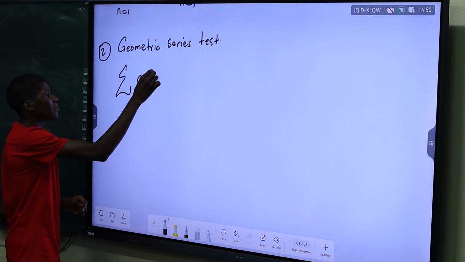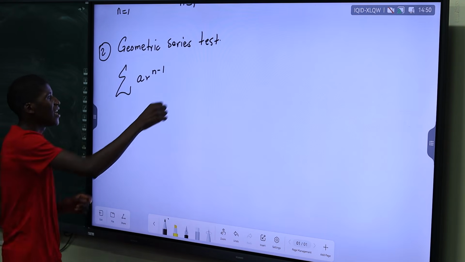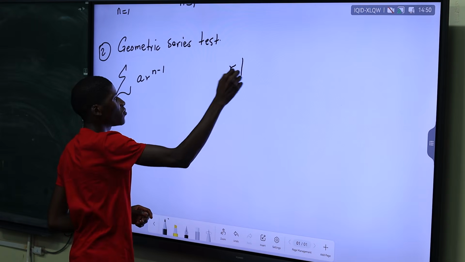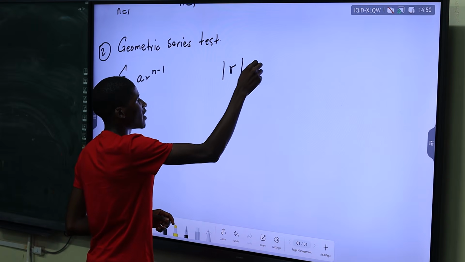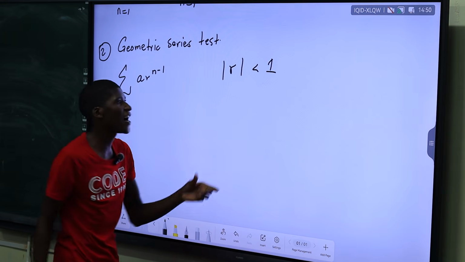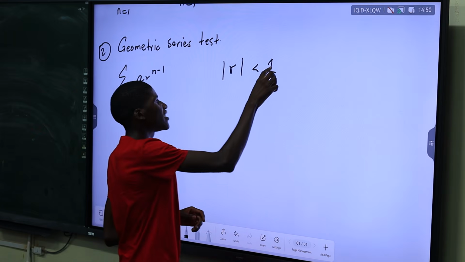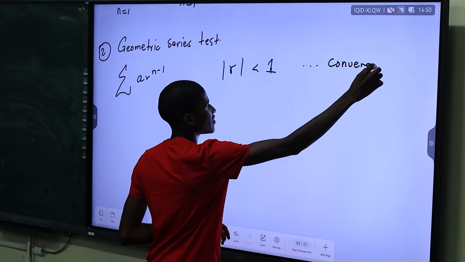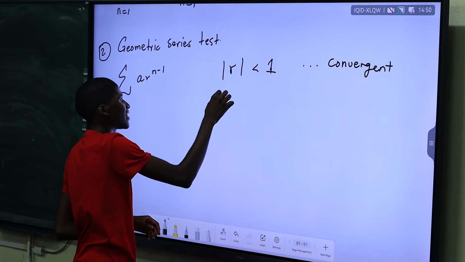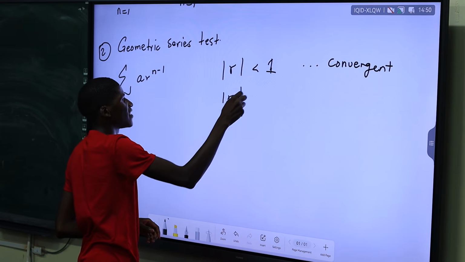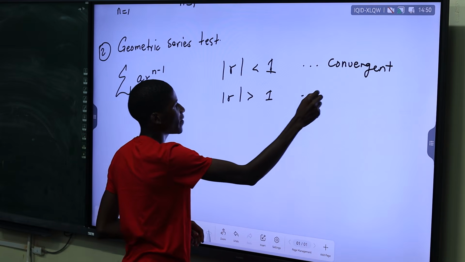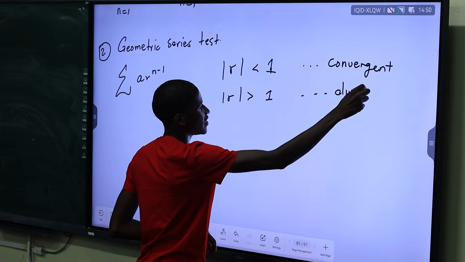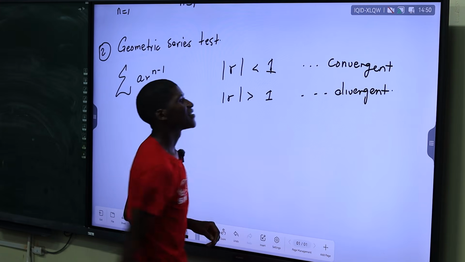So if you've got a geometric series given by this, the absolute value of r must be less than 1. If the absolute value of r is less than 1, you can say this one is a convergent geometric series. But if the absolute value of r is greater than 1, then it is a divergent geometric series.